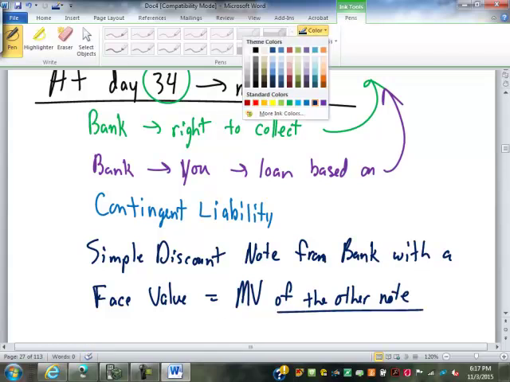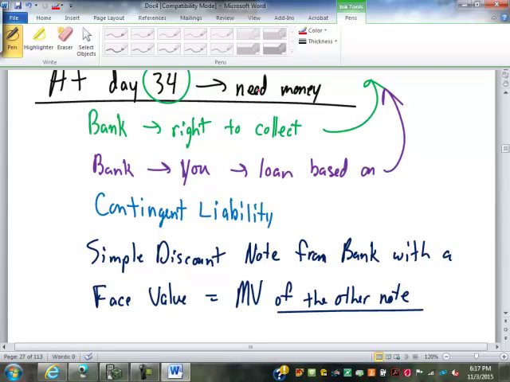So basically, you're just taking out a loan from the bank. The difference between you just going to the bank and taking out a loan and what's happening here is the bank will try to collect it from the third person. But again, you are still the one responsible for it.